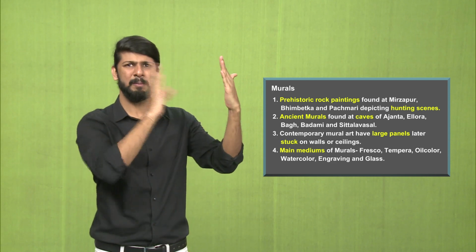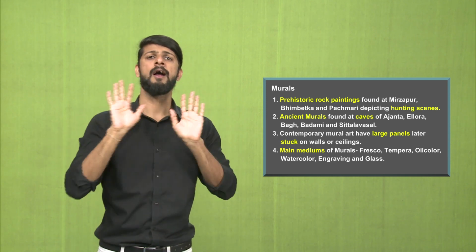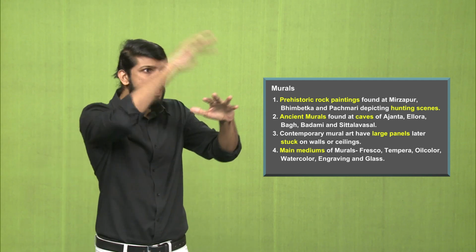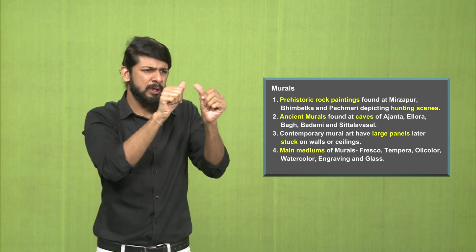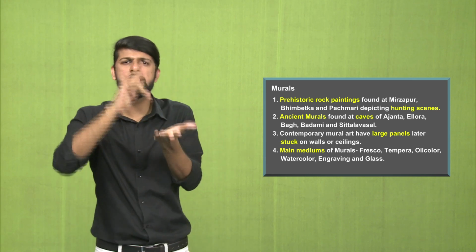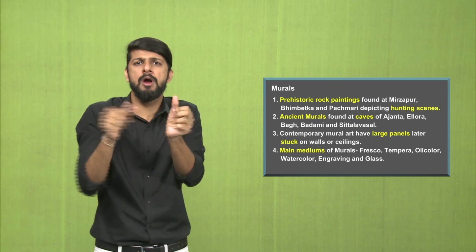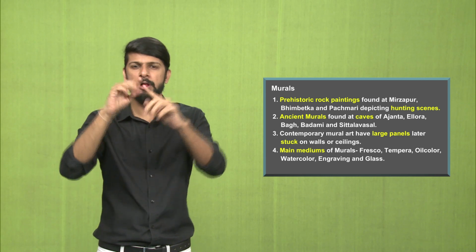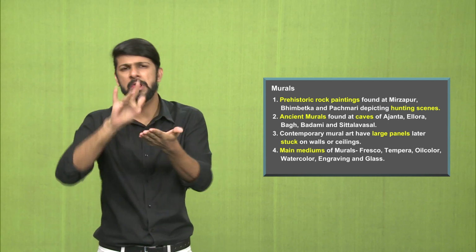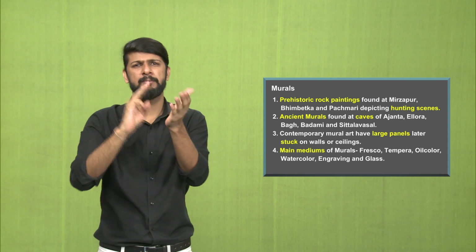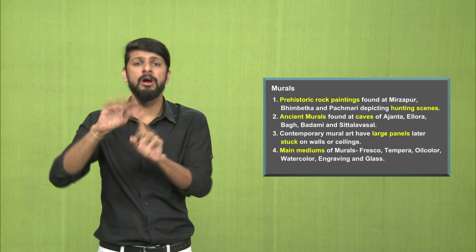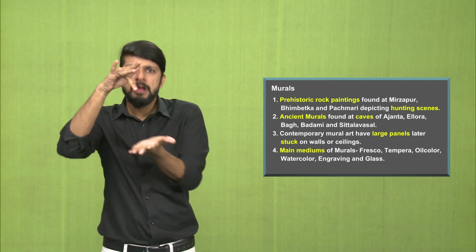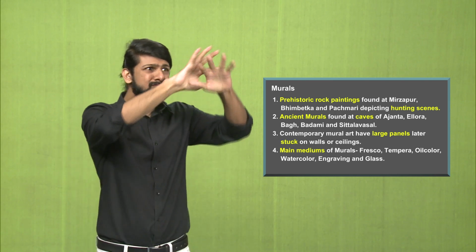Ancient murals have also been found at the caves of Ajanta and Ellora, as well as other places in MP like Bagh, Badami, and in Tamil Nadu, a place called Sittanavasal.